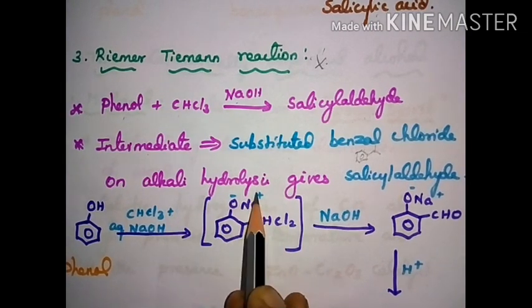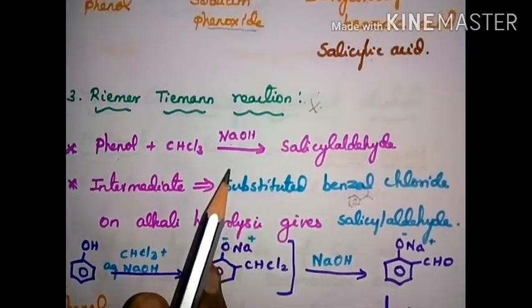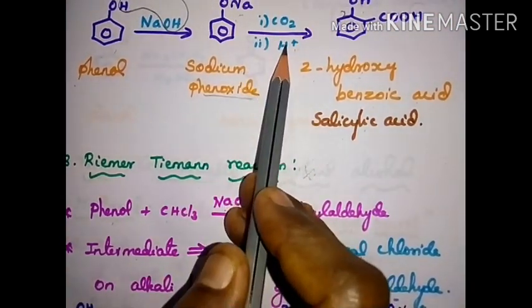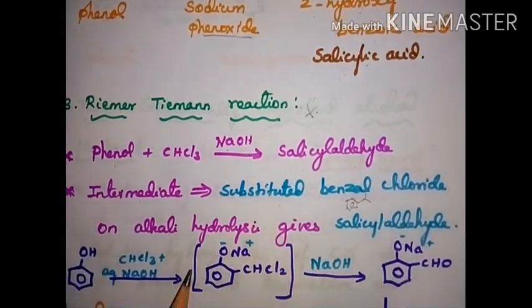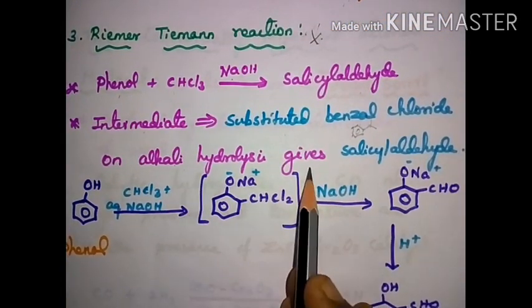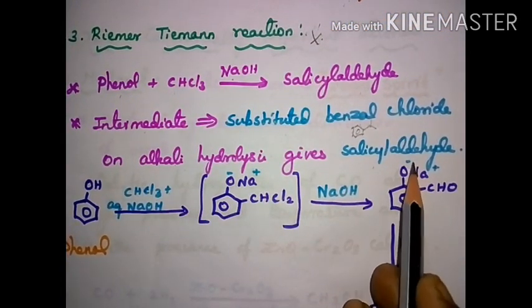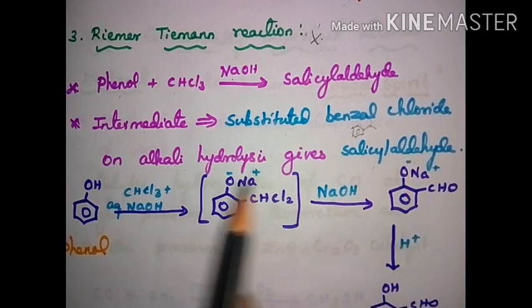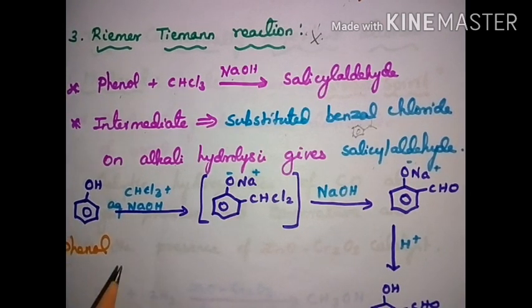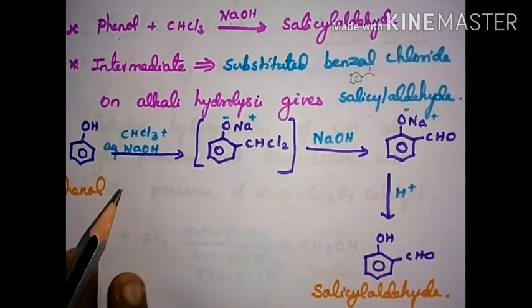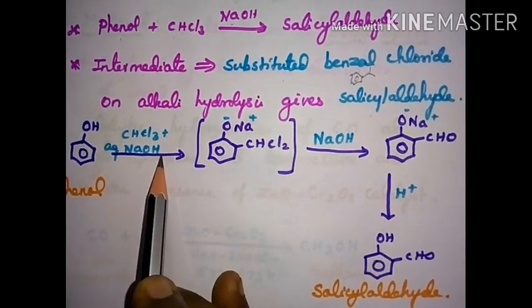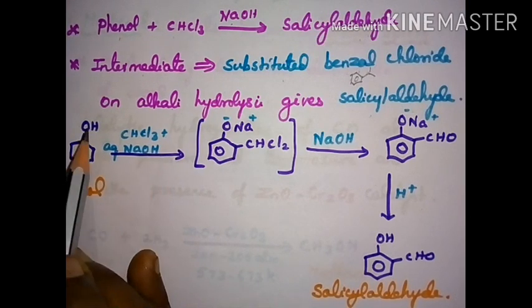Further, there is hydrolysis. Here alkali hydrolysis takes place to give salicylaldehyde. First phenol reacts with chloroform and aqueous NaOH. Same process.